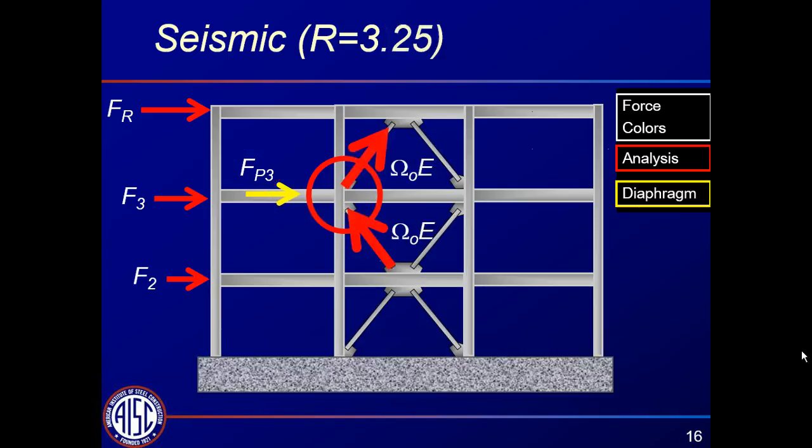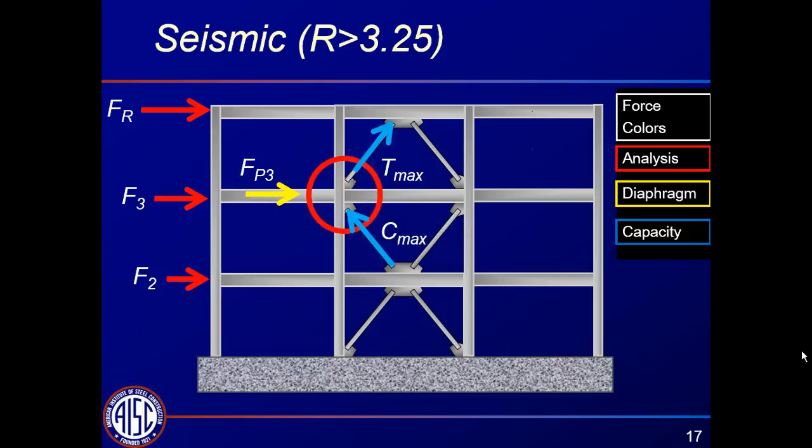Then we get to R greater than 3. This would be the ordinary concentrically braced frame, and the only difference here is that the connections get designed for the omega sub O factor. And so with that omega sub O factor, we need to somehow make an adjustment and design those connections.